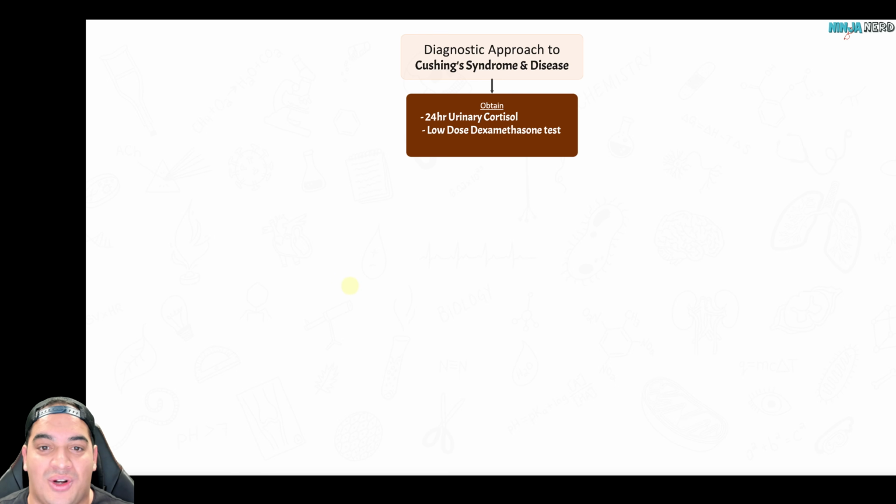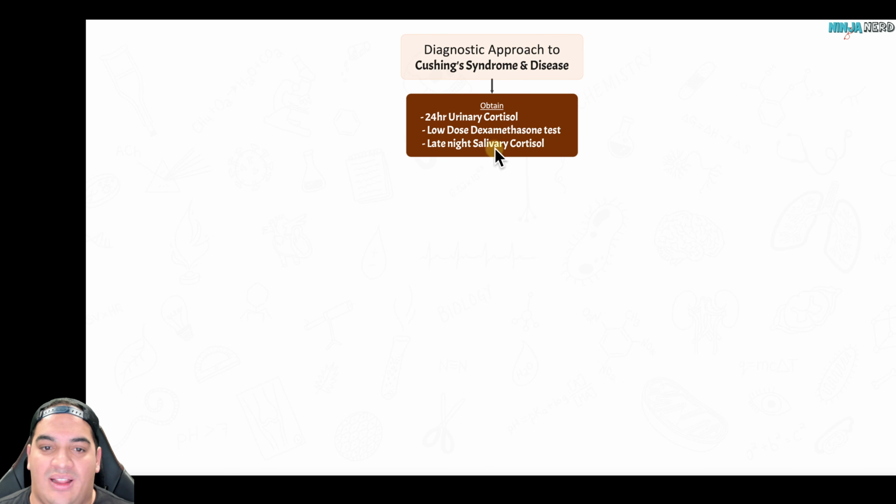But if their cortisol levels are high, that tells me that there's a Cushing's disease or syndrome present. It means that the anterior pituitary is not responding to the low dose of dexamethasone and it's still producing ACTH, or it tells me that it doesn't really matter because the adrenal cortex is still producing cortisol regardless of what you give them. So if they have high cortisol, despite getting a little bit of steroid, it tells me that they're not normal and they likely have Cushing's.